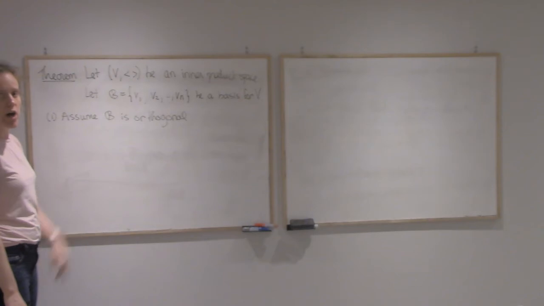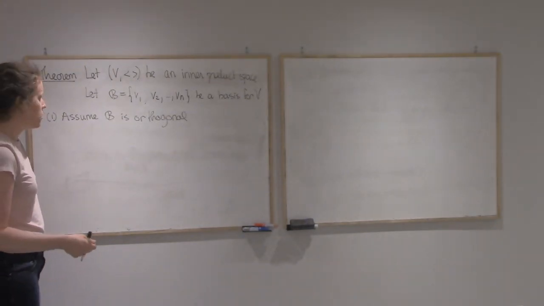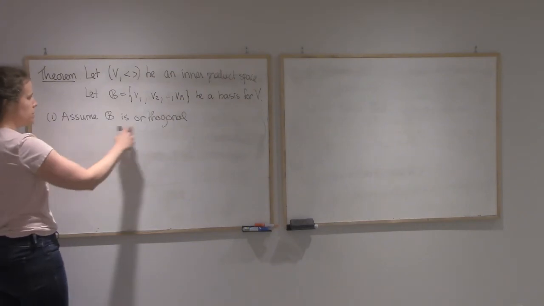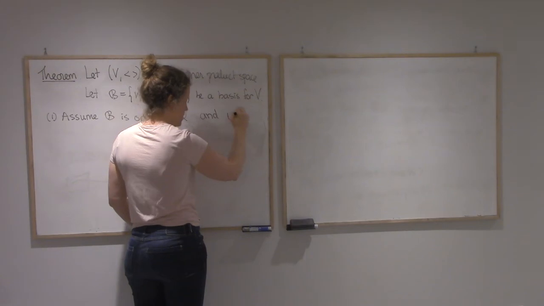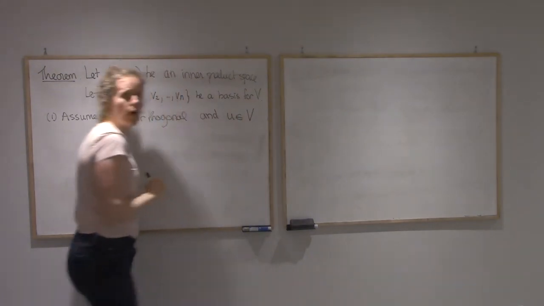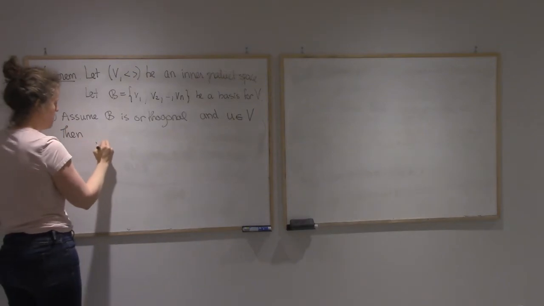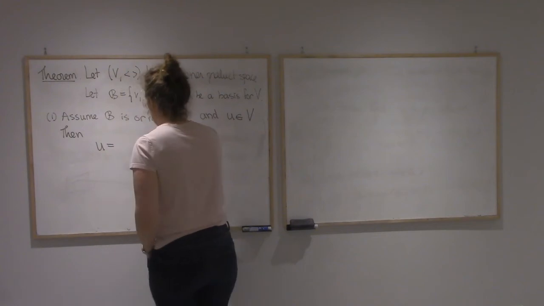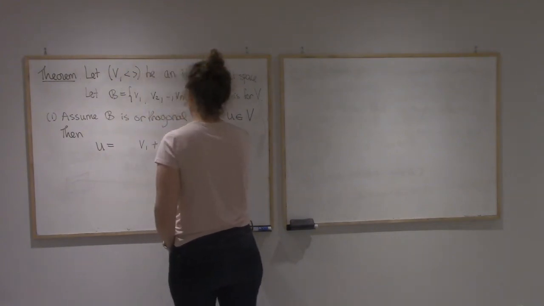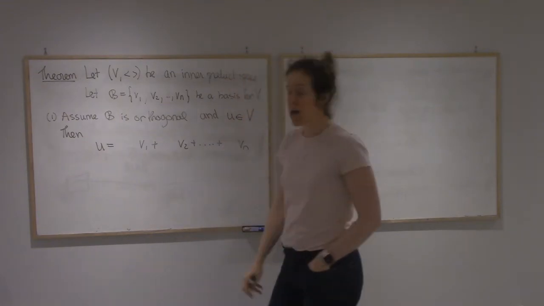So if it's orthogonal, then it's easy to find the coordinate vector of any element. So assume B is orthogonal and U is in V, so any element of V. So I know I can write U as a linear combination of these, and I know it's unique because I have a basis.